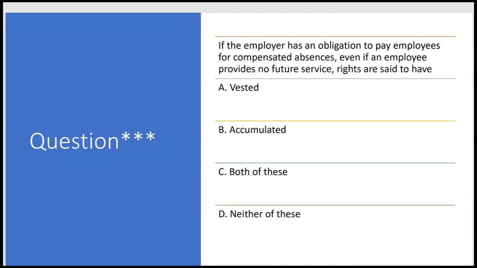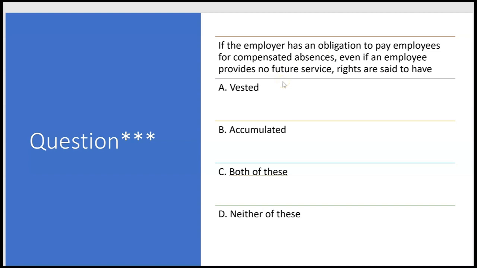Now, with this topic of compensated absences, they're just as likely to ask you a theory question as a question with numbers. So if the employer has an obligation to pay employees for compensated absences, even if an employee provides no future service, rights are said to have what? So what's the term that refers to the employer's obligation to pay employees for compensated absences, even if the employee doesn't provide any future service?